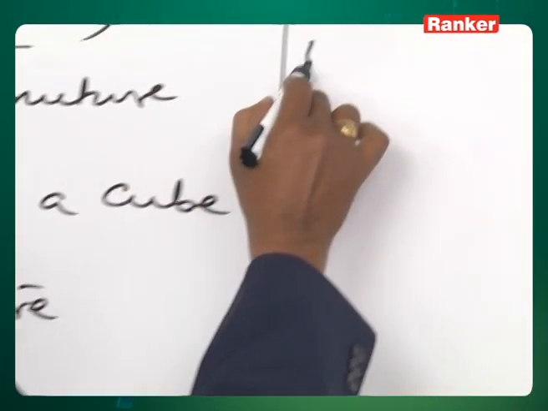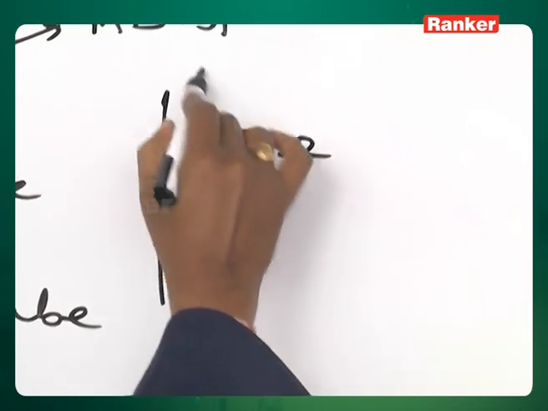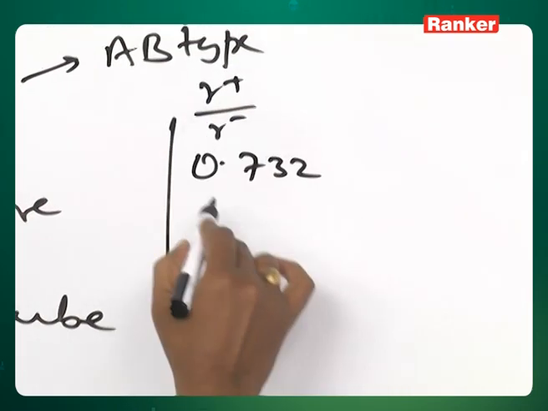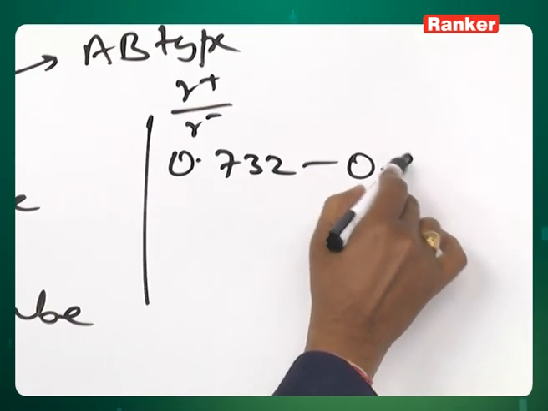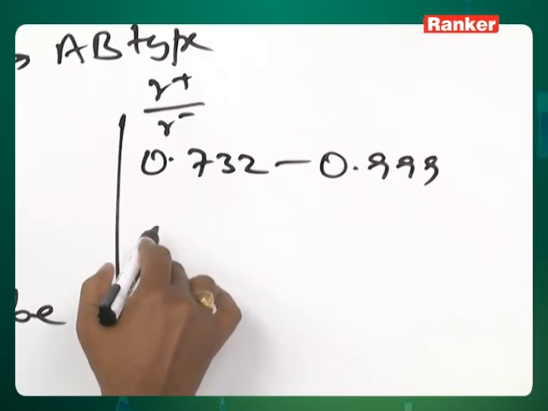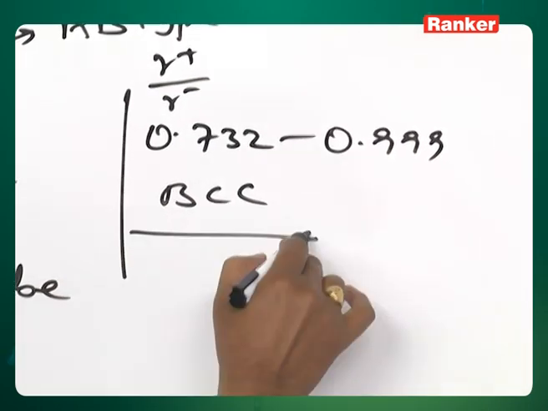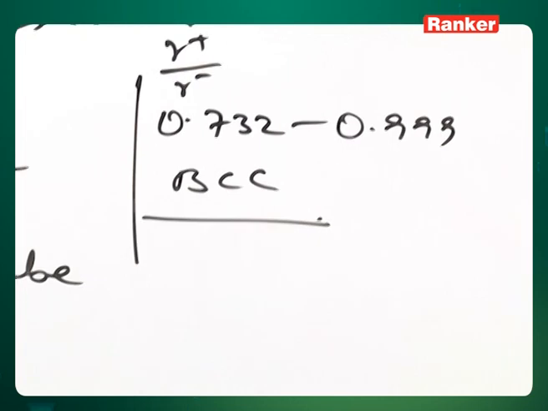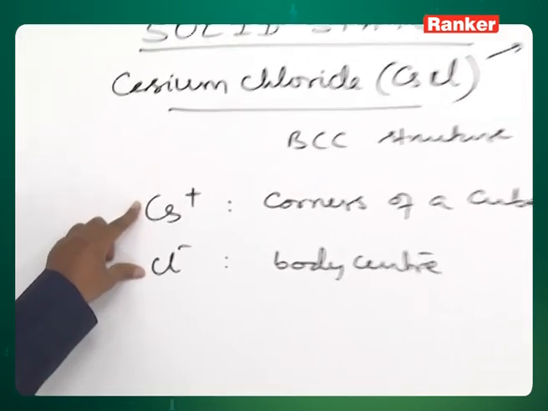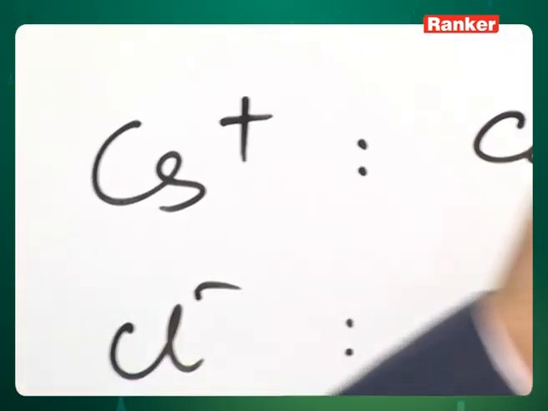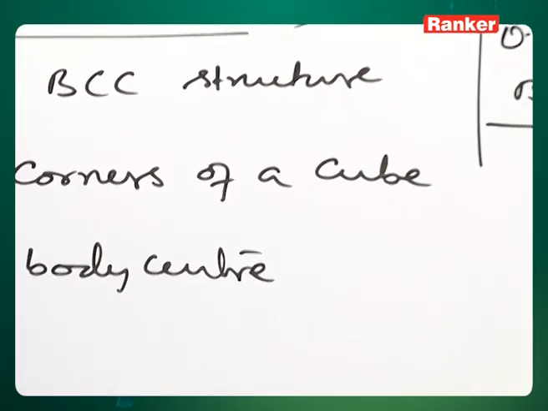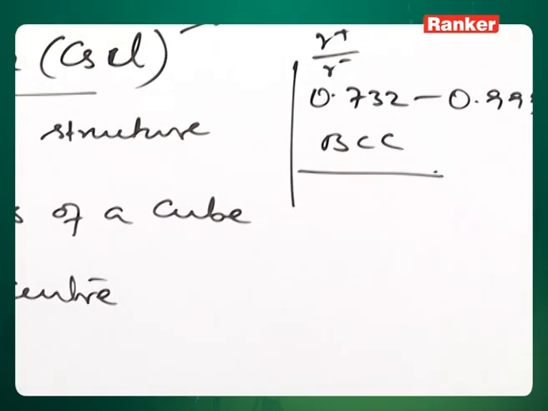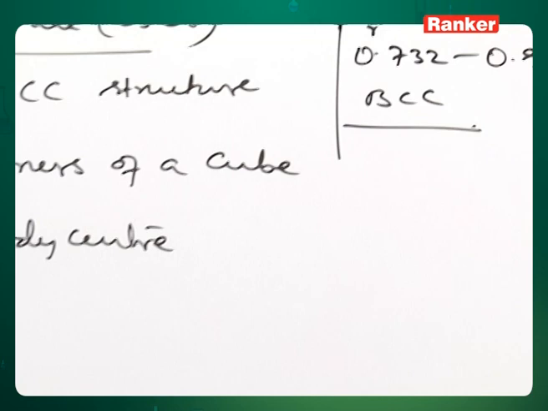So, anything with radius ratio of cation to anion between 0.732 and 0.999 is BCC, and here cesium ion being very large, chloride ion being small, the radius ratio is relatively more, therefore it forms a body center.